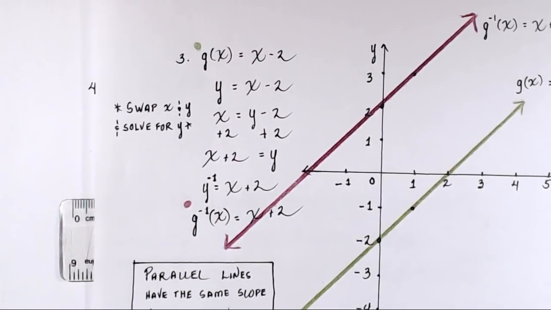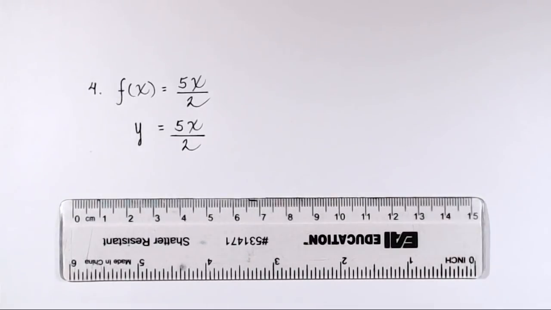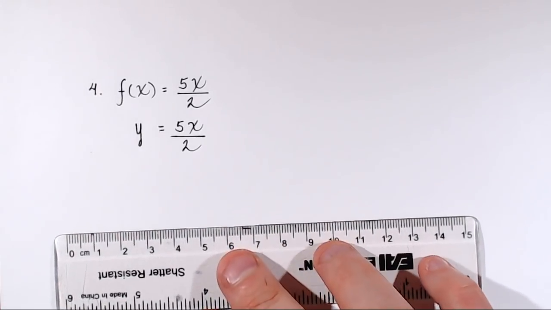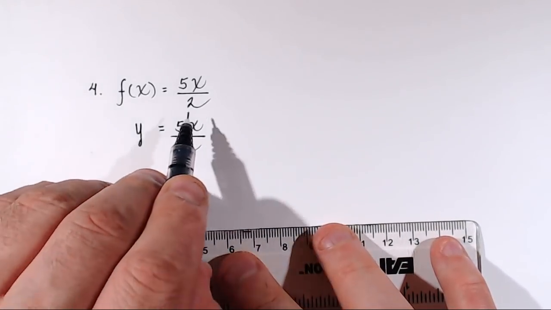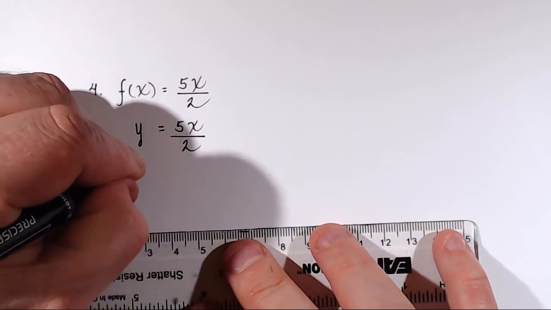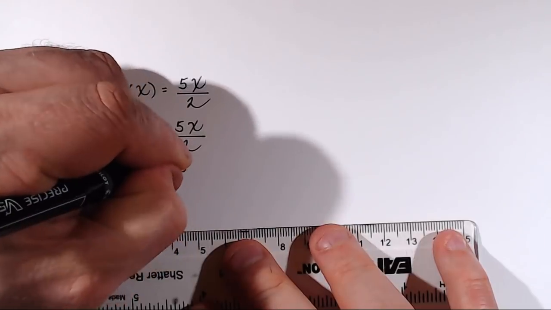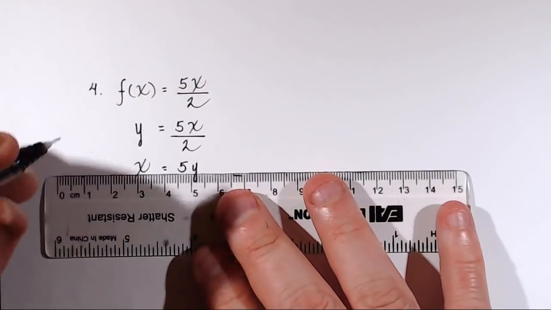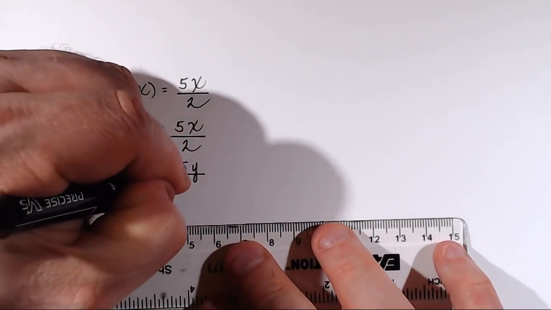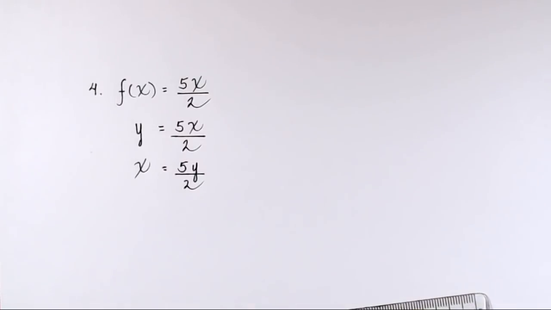Swap x and y and solve for y. Okay, so I'll swap x and y. If y equals 5x over 2, then x equals 5y over 2. And now I solve for y.